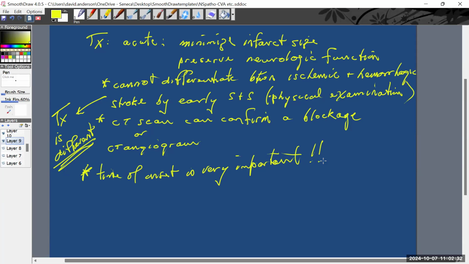So in other words, if we can get to the stroke and understand that it's an ischemic stroke within the first 3 hours or so of onset, then thrombolytic medications are going to be effective. Early intervention.